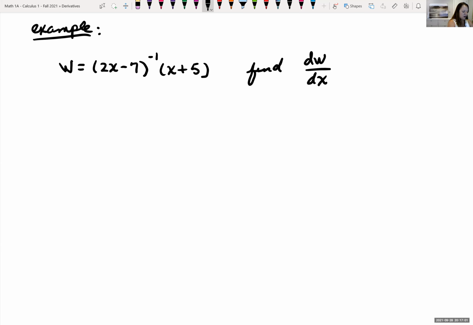And so recall, we could rewrite 2x minus 7 to the -1 with a positive exponent. We can bring that down to the denominator and make that positive. So I'm left with x plus 5 in the numerator all over 2x minus 7 in the denominator. So now it's in the form that I can use the quotient rule.